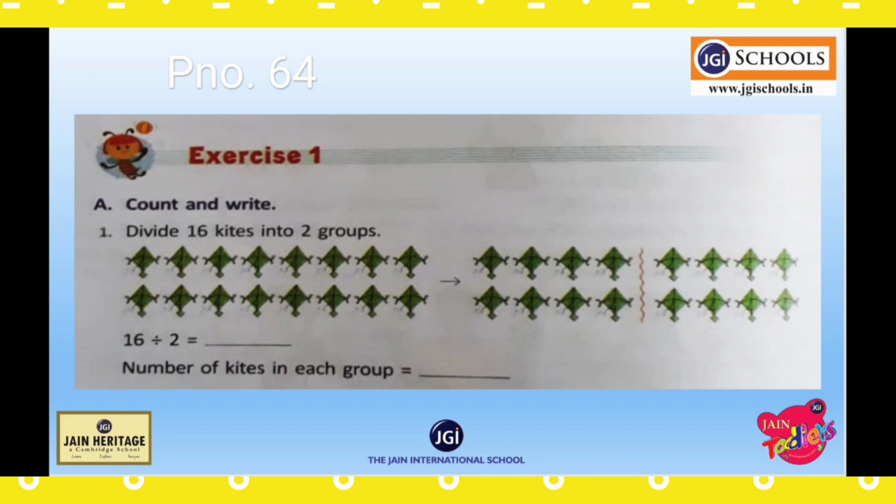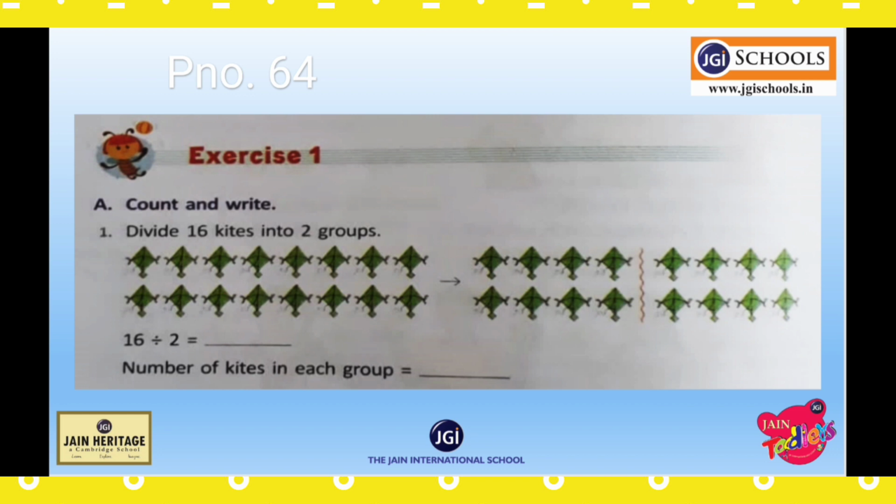Yes, it is 1, 2, 3, 4, 5, 6, 7, 8. 8 kites are there in the first one. In the second one, 1, 2, 3, 4, 5, 6, 7, 8. Again 8 kites are there in the second group also. So both the groups have an equal number of kites, that is 8.